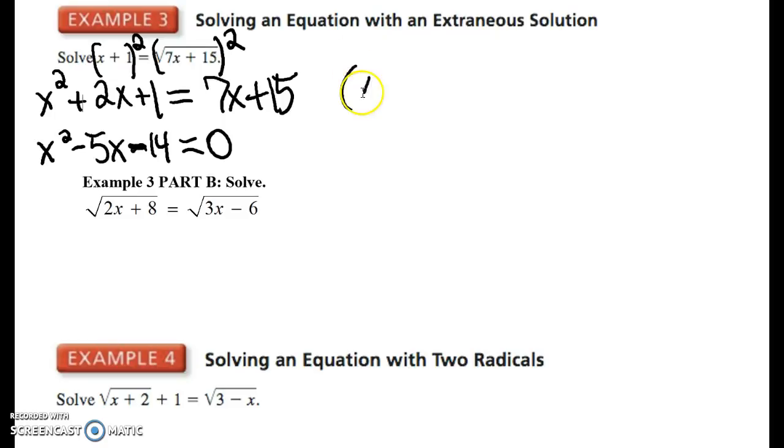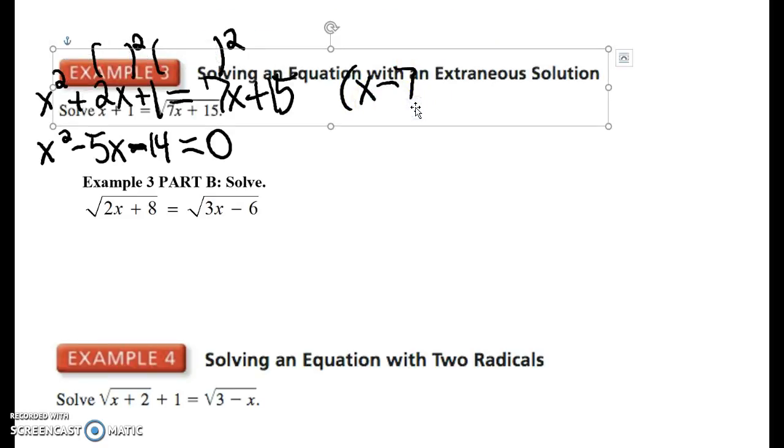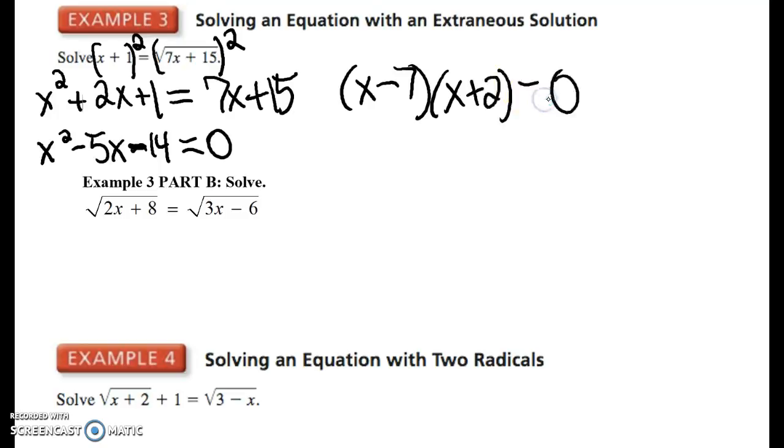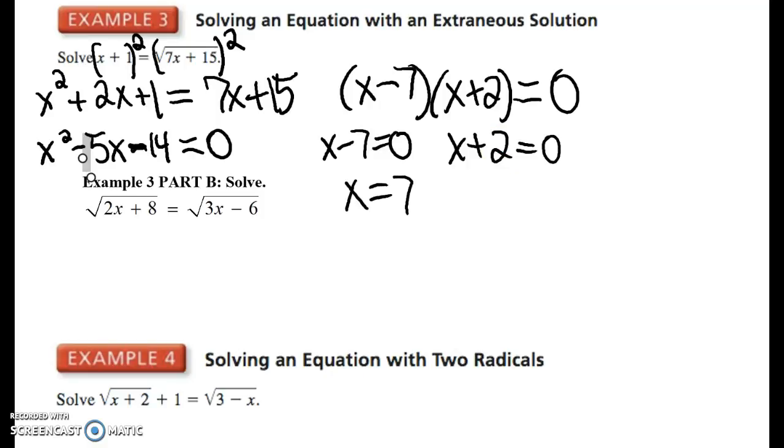Good, so I'm going to get x minus 7 times x plus 2 equals 0. And now if I want to solve that, remember, just set x minus 7 equal to 0 and x plus 2 equal to 0. And you'll get x equals 7 or x equals negative 2.